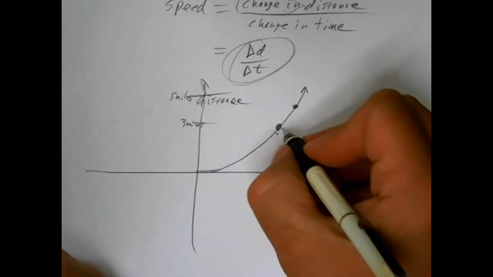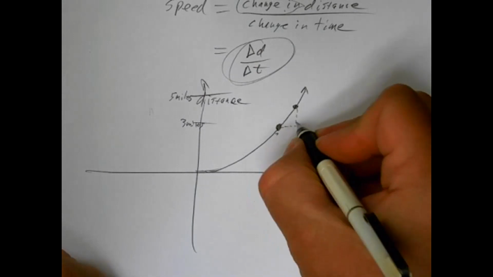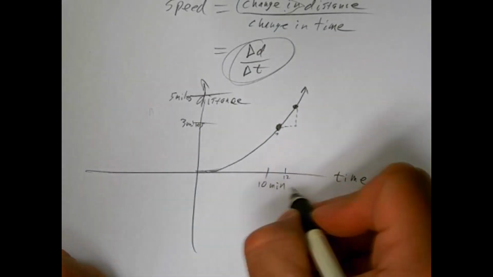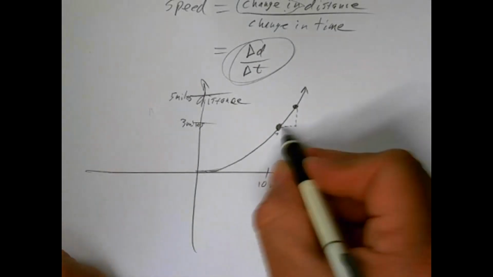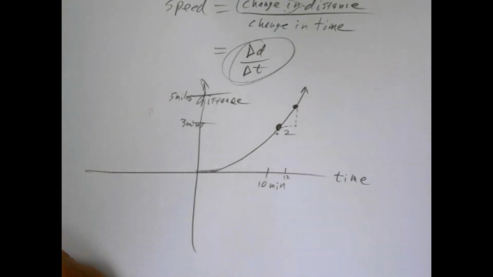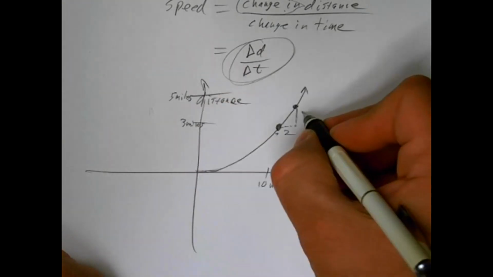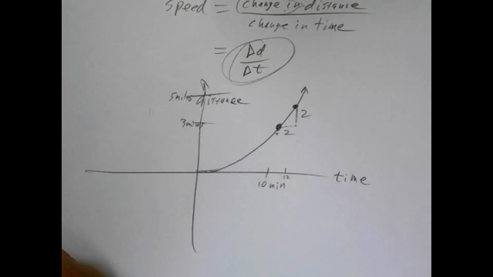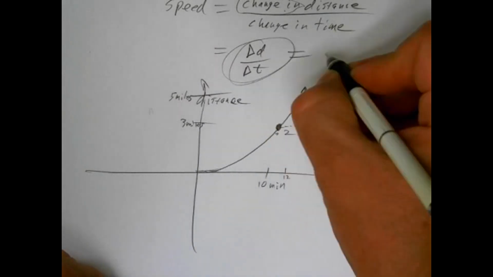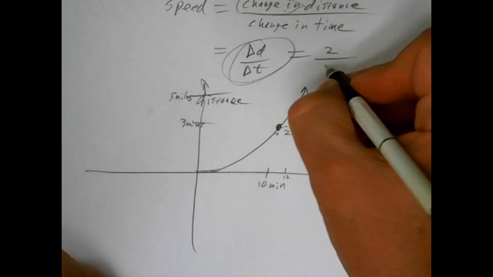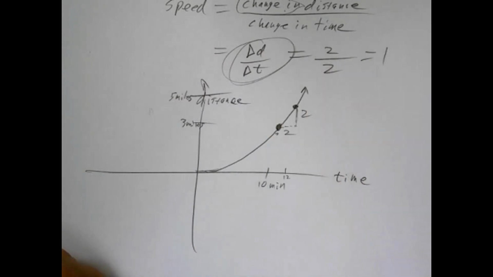Well, if you superimpose a little triangle, you see that my change in time is on the horizontal, and that's a 2-minute change in time. And my change in distance is on the vertical, and that's also a change of 2. Therefore, my delta D is 2, my delta T is 2, my speed is what?